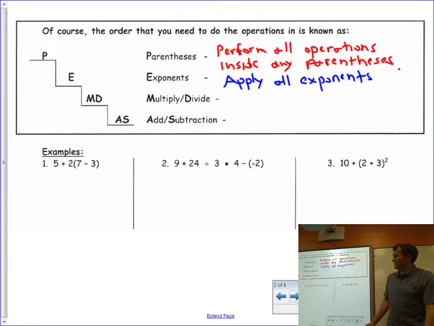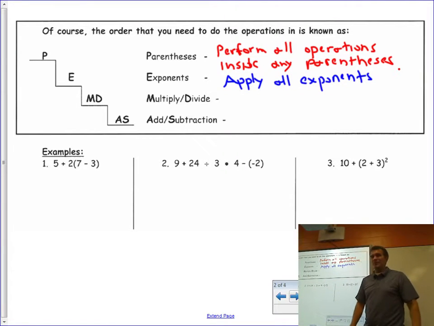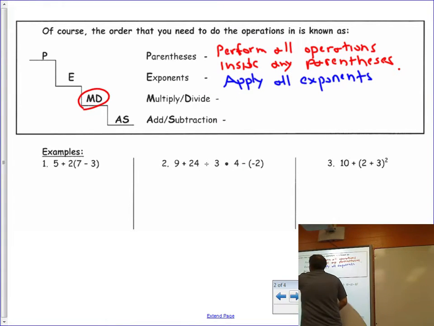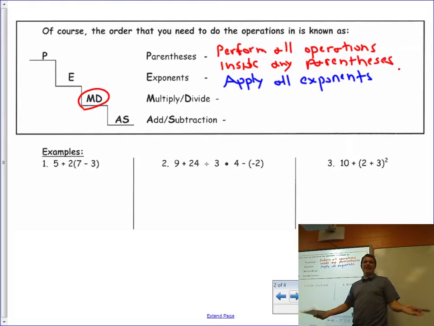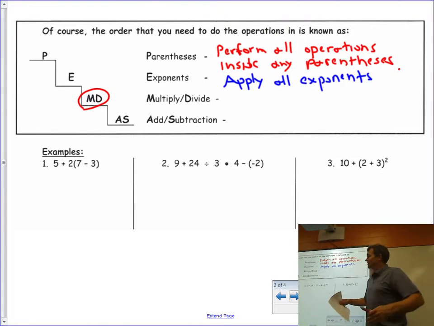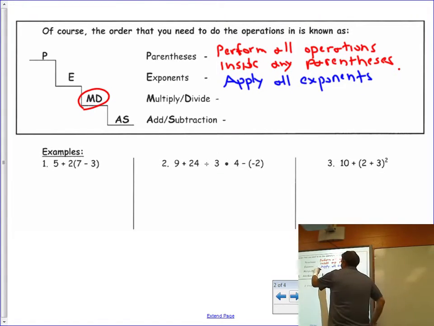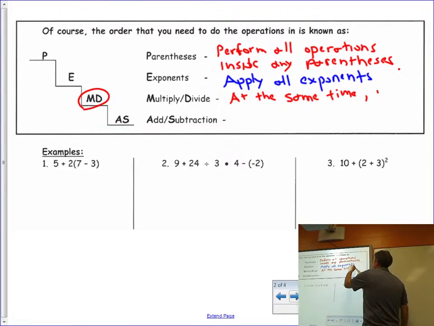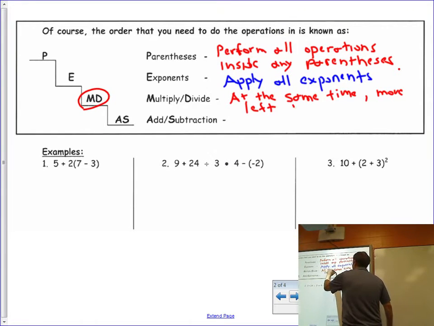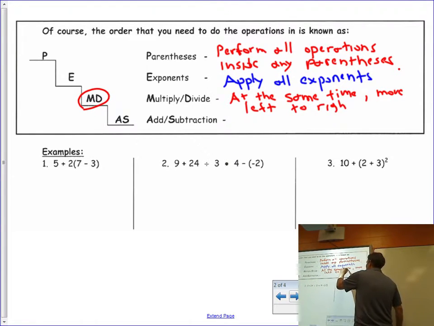Now, one of the reasons I like to write the acronym PEMDAS on stair steps is this right here. Multiplication and division gets done on the same step. Right? So you do multiplying and dividing at the same time. Move left to right.